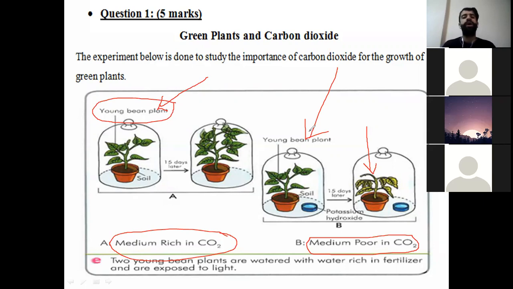Or you can say the green plants cannot grow without the presence of CO2. Also, this is a conclusion.